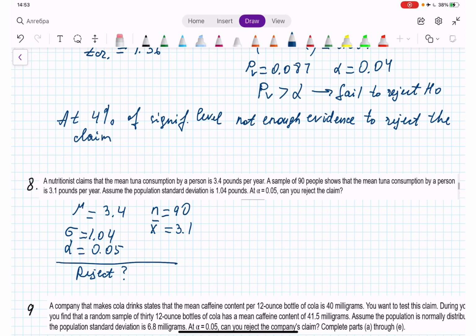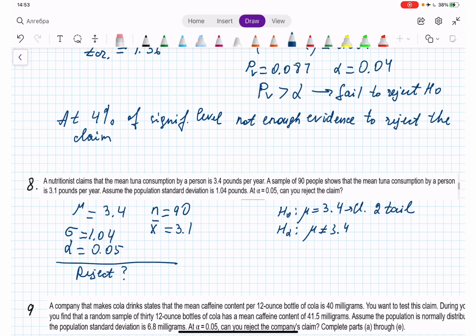Okay, so first step, we need to set up the hypothesis test: right tail, left tail. Since mu is equal to 3.4, the alternative is not equal to 3.4, so we have two tails. And this is our claim, right?